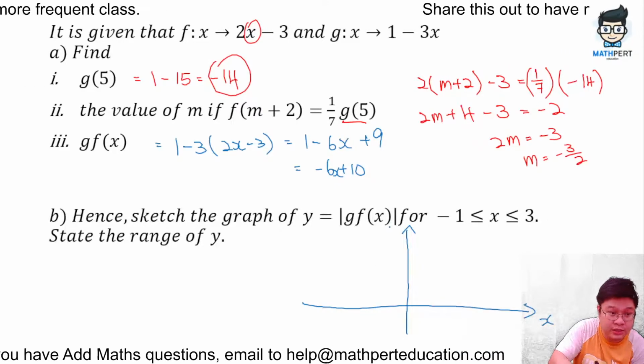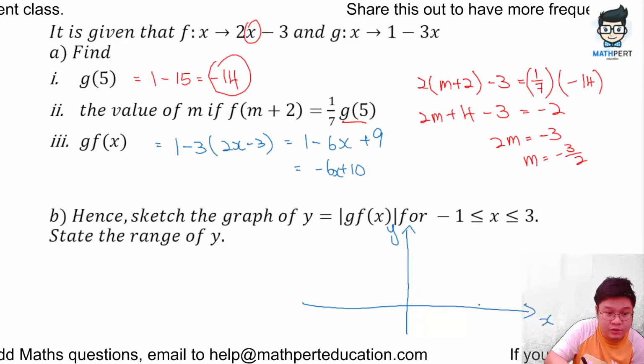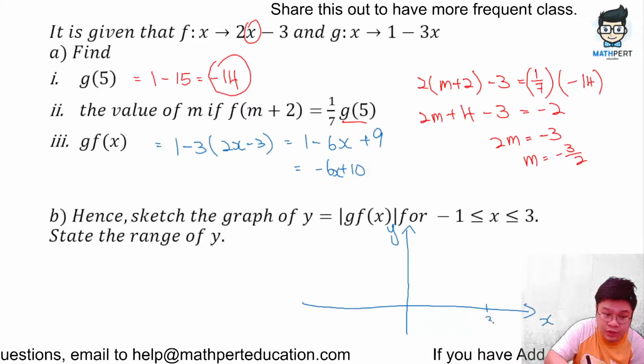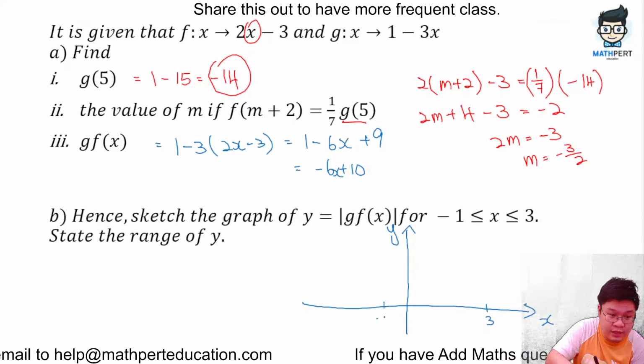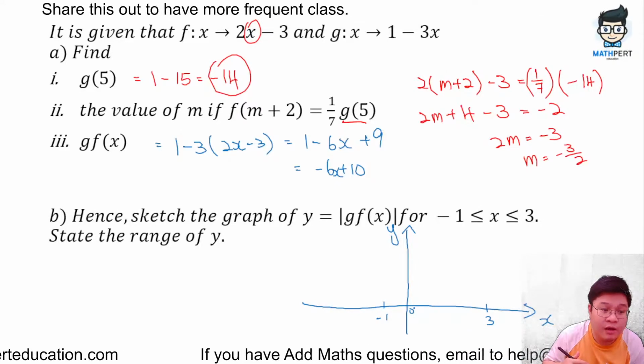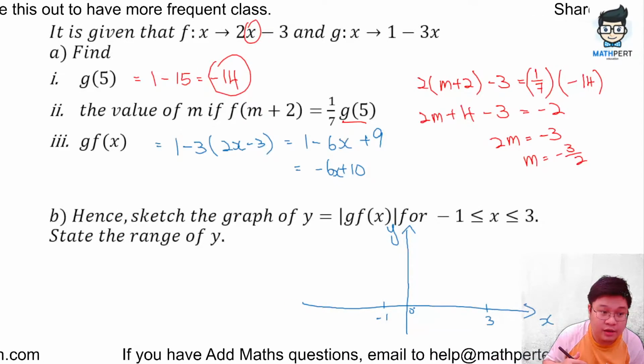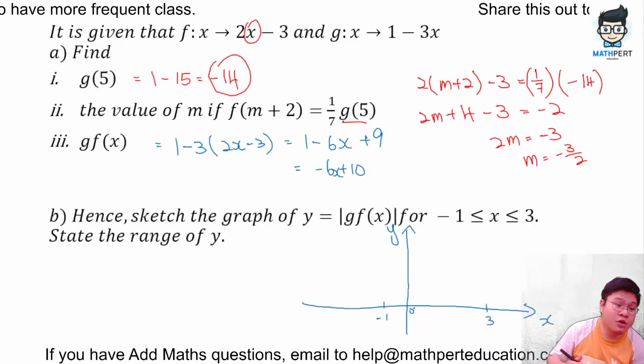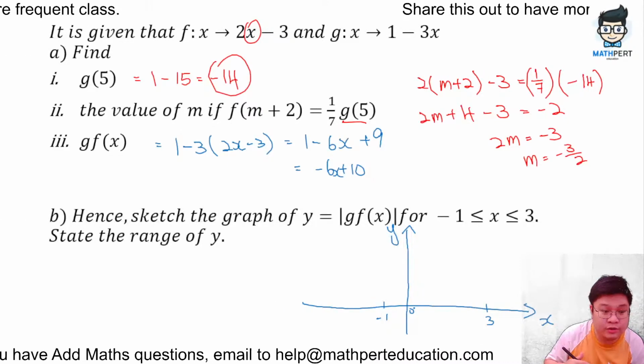X, this is Y. So between, let's say this is 3, this is negative 1, this is 0. So how do we know at which point?